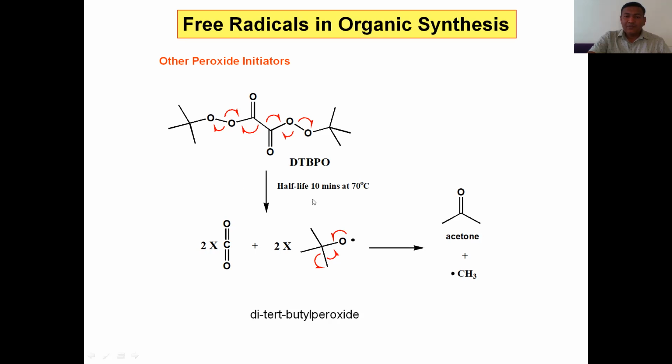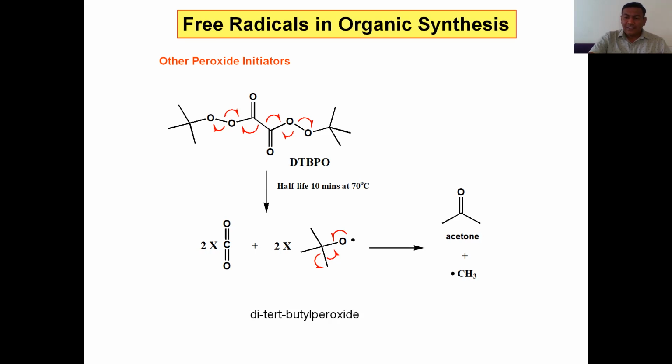Yes, and the half life is 10 minutes at 70 degrees centigrade, which is sufficient for reaction studies. And when there is decarboxylation, there will be generation of radicals, right? The radical you will get is the methyl radical in the final stage, and the side product will be acetone, right? So this is the generation of radicals from DTBPO, ditertiary butyl peroxide.